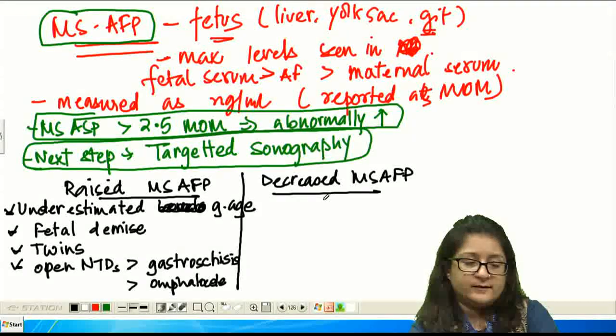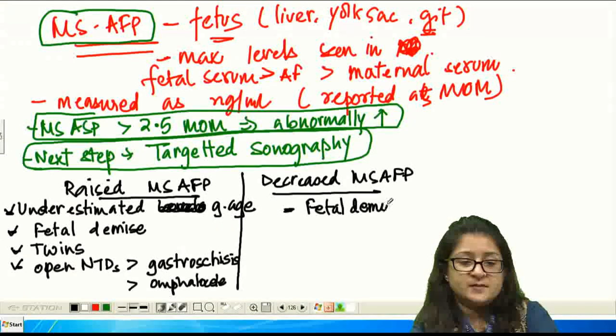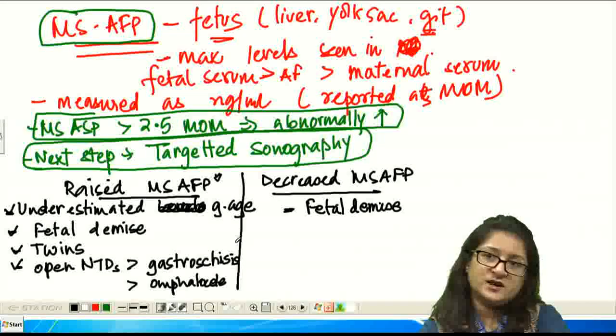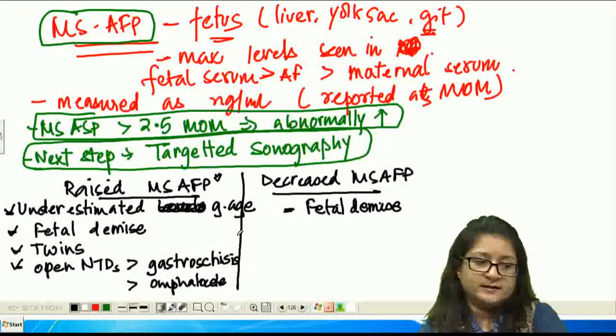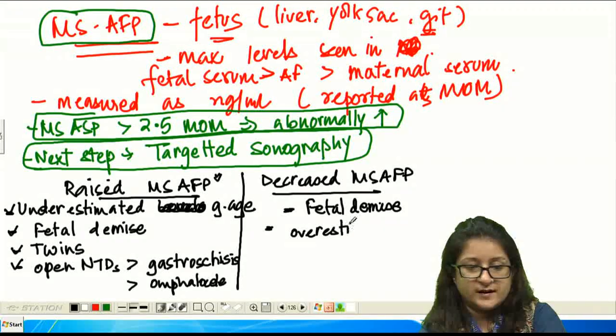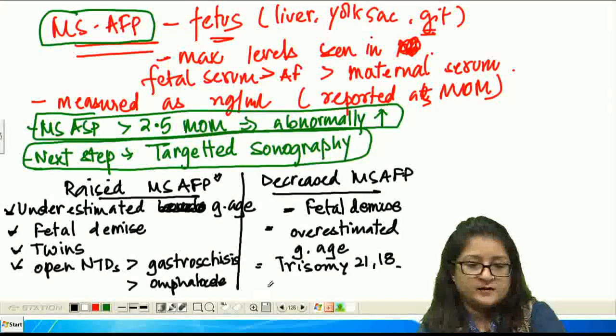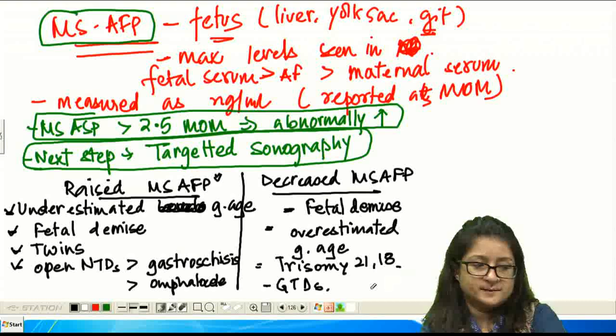When we talk about decreased maternal serum alpha fetoprotein, there is again fetal demise. Initially there is an increased level, but later, because the fetus is no longer there to synthesize fresh alpha fetoprotein, the levels in the maternal serum fall. Then we have overestimated gestational age, trisomy 21 and 18, gestational trophoblastic diseases, and abortions, or unhealthy pregnancy.